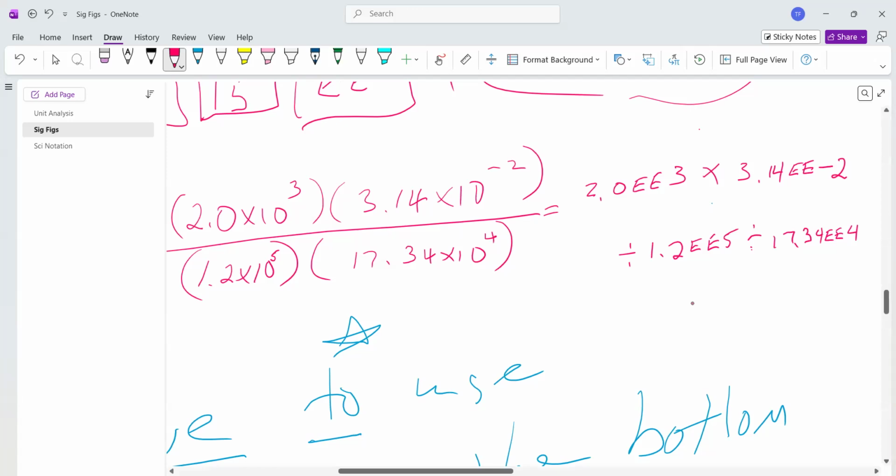So we're going 2 EE 3 times 314 EE, change sign 2 divided by 1.2 EE 5, divide again, 17.34 EE 4. And it helps to turn your calculator on.